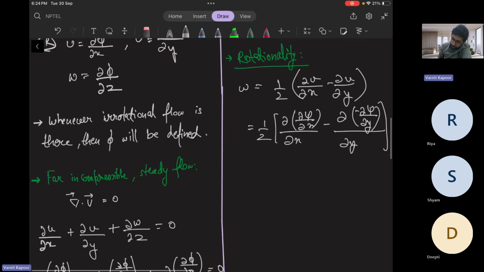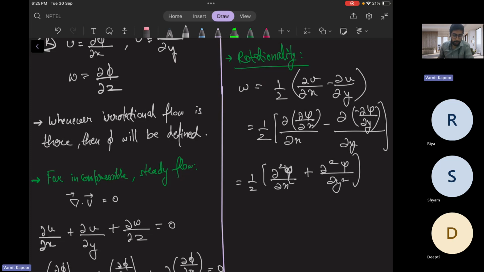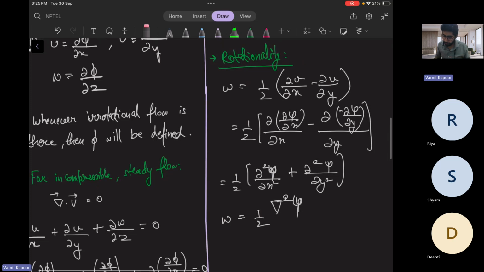So if you do this, it looks like dou square psi by dou x square plus dou square psi by dou y square. So again it shows omega is nothing but half of grad square of psi. Now we have to see whether it is zero or non-zero.